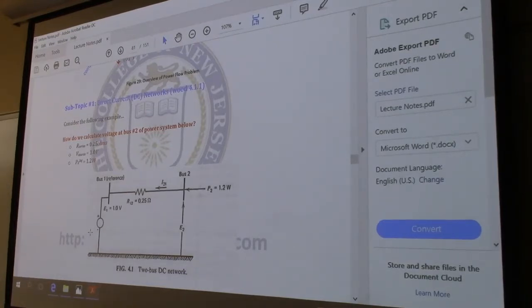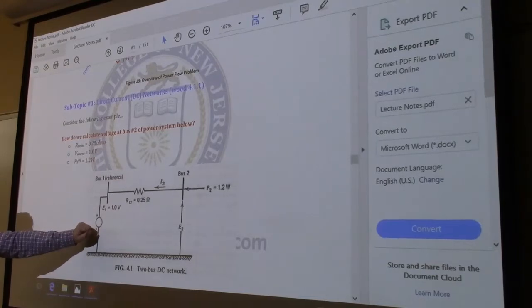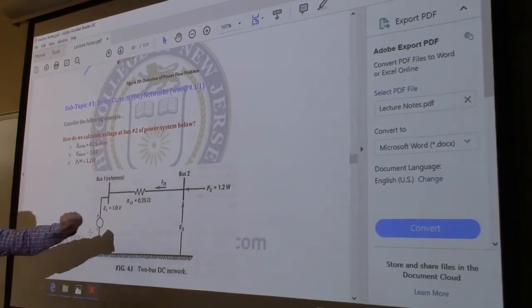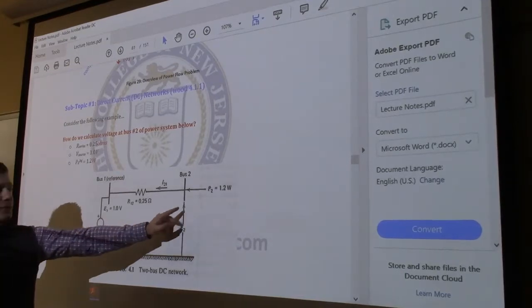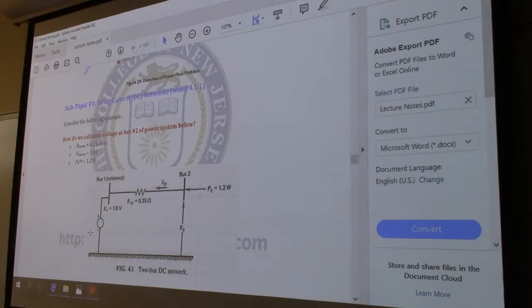Okay, so let's take a look at what we have here. 2-bus system, voltage source with a value of 1 volt. Resistance along this line, 0.25 ohms, and bus number 2 is defined by its P value. So there's 1.2 watts that's flowing into the system.